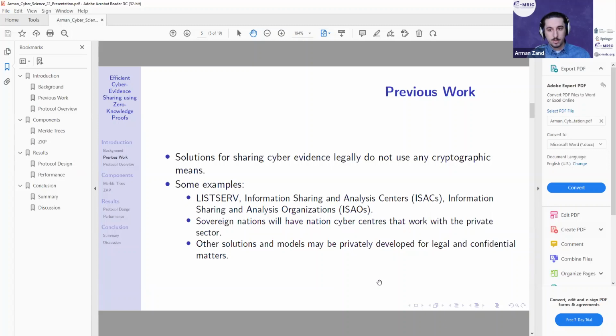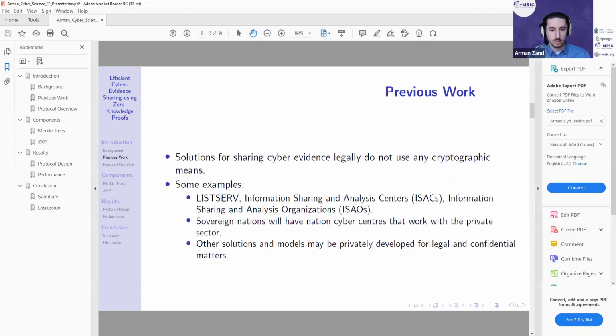So some previous work on the sharing of cyber intelligence, cyber evidence, does not really involve any cryptographic methods. So for example, Listserv, which is a kind of mailing list system, a very simple way of sharing information, Information Sharing and Analysis Centers, ISACs, Information Sharing Analysis Organizations, and sovereign nations will also have national cyber centers that work with the private sector.